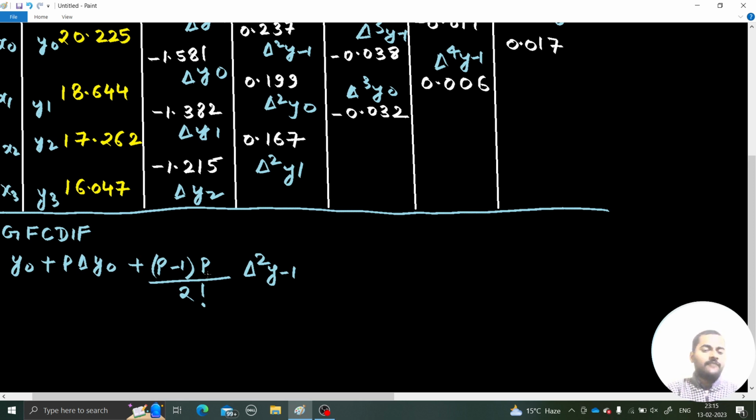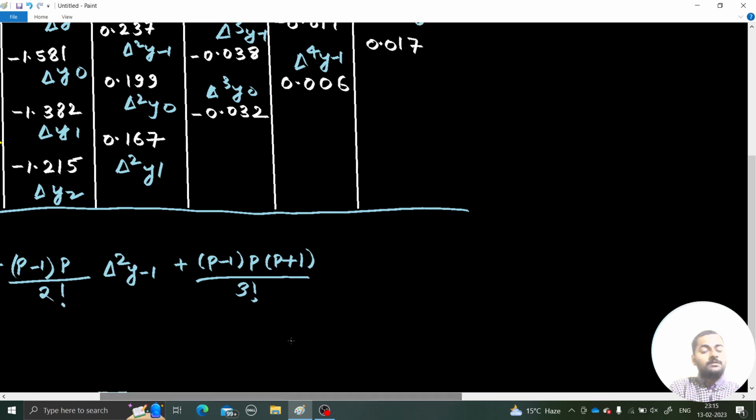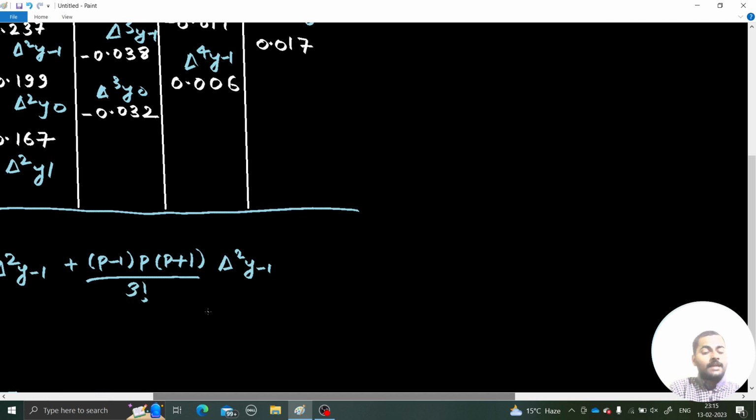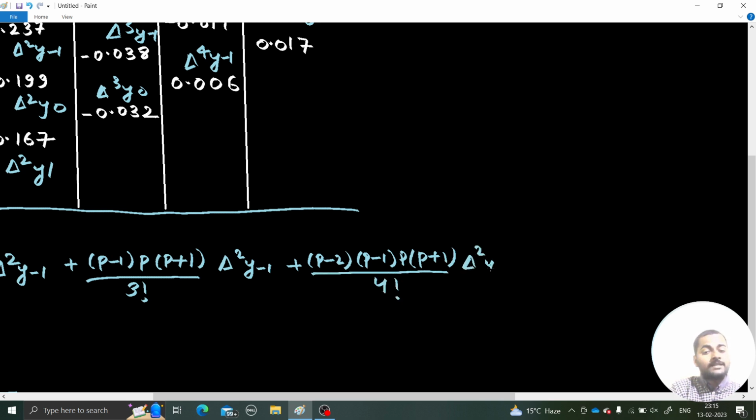Always write p after that negative, then again positive. So p minus 1, p and then the positive one, which is p plus 1, over 3 factorial. Minus 1 will come again. Then again p minus 2 will come first. So p minus 2, p minus 1, p plus 1. Down we will get 4 factorial, and now minus 2 will come twice.